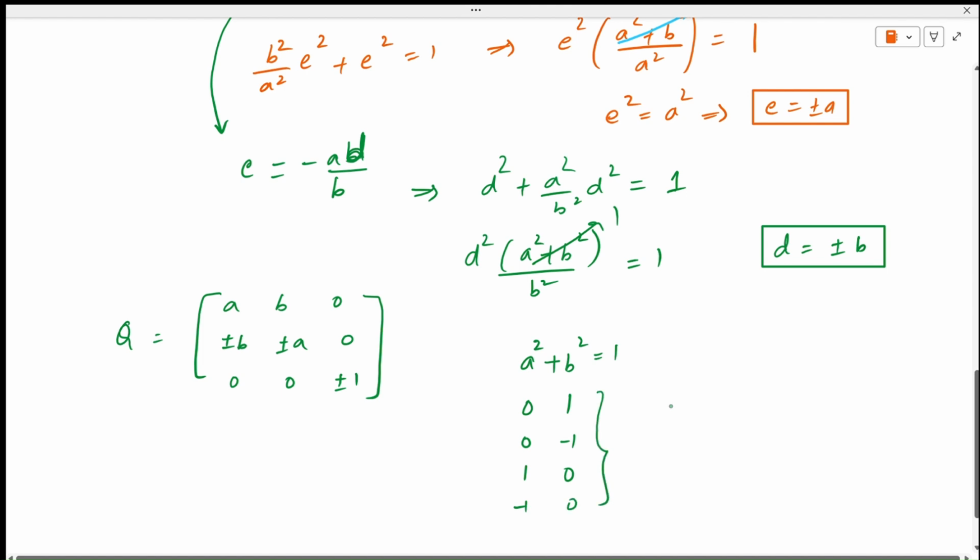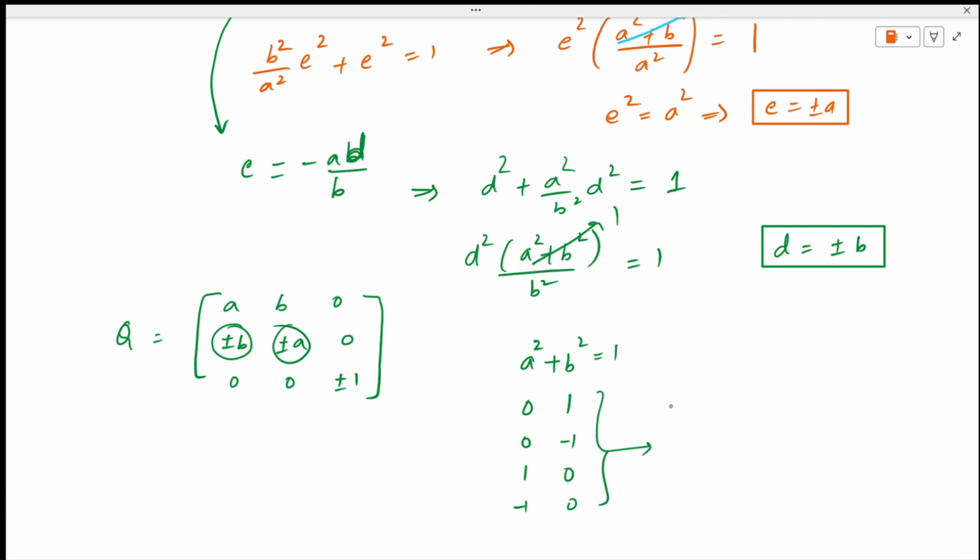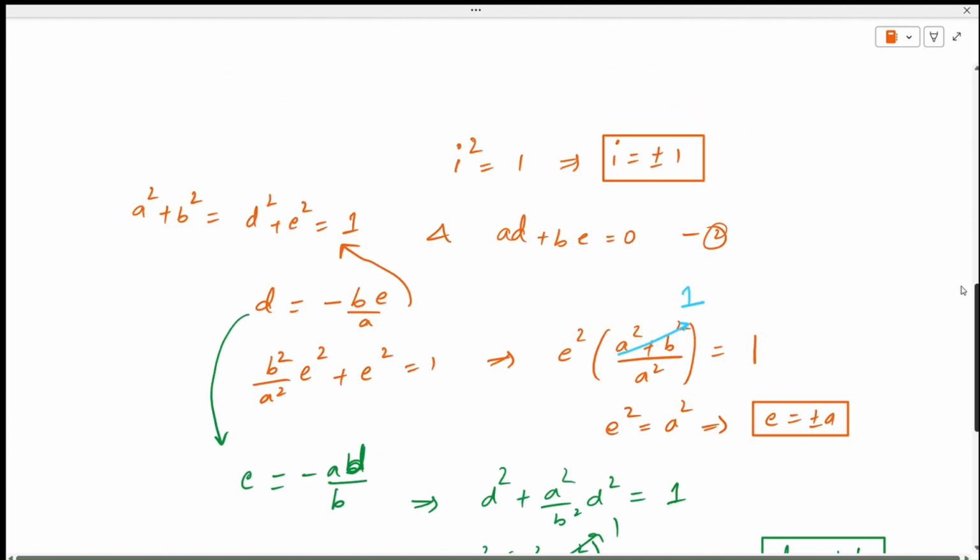These are the four values possible for A and B. And for every value of A and B, we can get two different values here because we are using plus or minus. So we'll get 4 into 2 because of this plus or minus. And here there is plus or minus 1, so we'll get into 2 times the values. So the total number of solutions is 16.